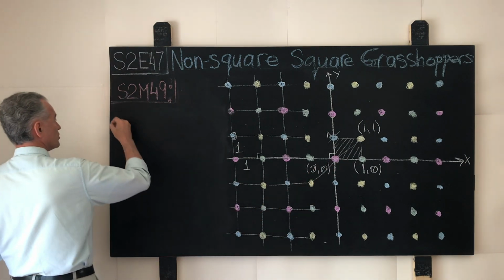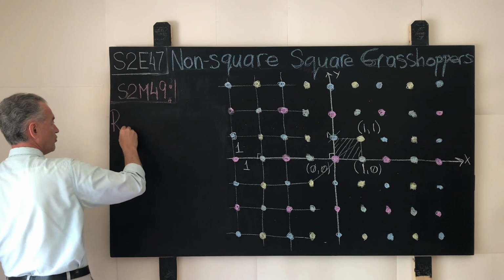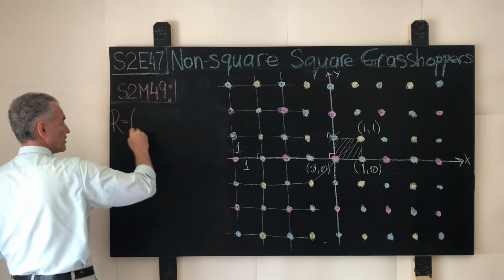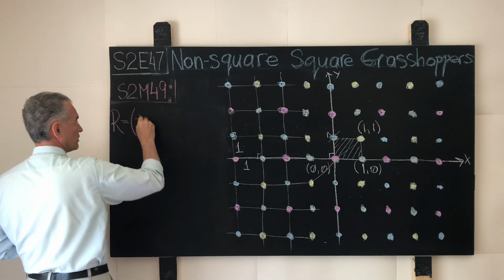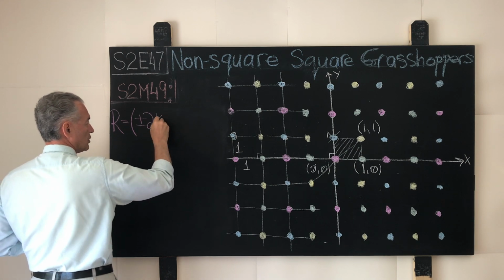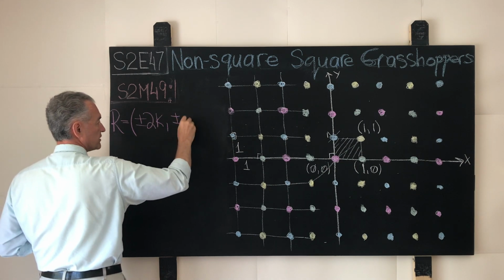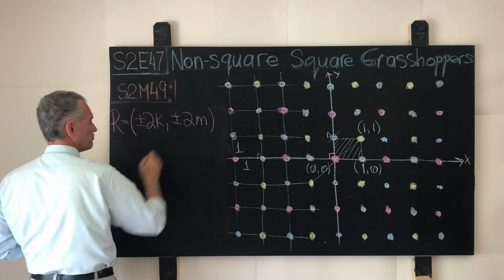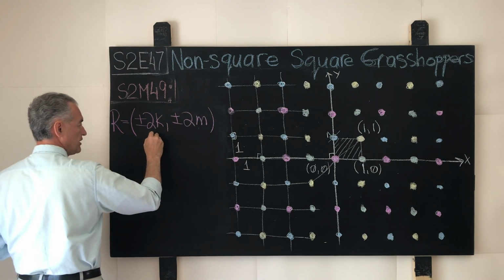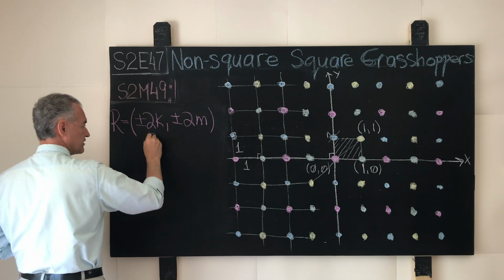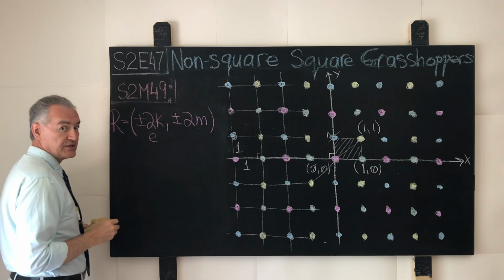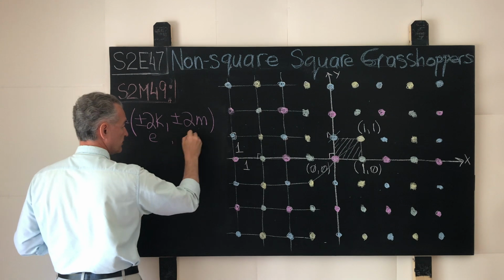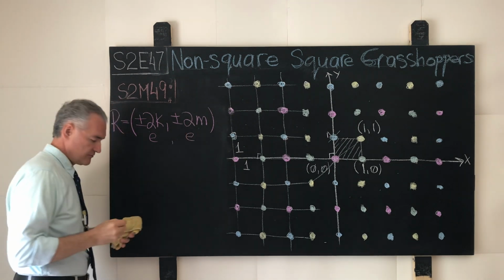What is the structure of the red points? The structure of the red points is the following: plus minus 2k, plus minus 2m, for the x component, y component. Let's say with the letter E we designate the parity E for even, and this one is evidently even.